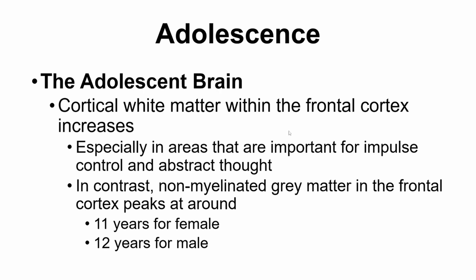We see that the white matter keeps increasing and peaks in adulthood. That's why we know that those developmental things in the frontal cortex come much later, into adolescence and adulthood. But the non-myelinated component, all of those cell bodies, peaks towards the end of childhood. The reason here is because we typically don't see a lot of neurogenesis.